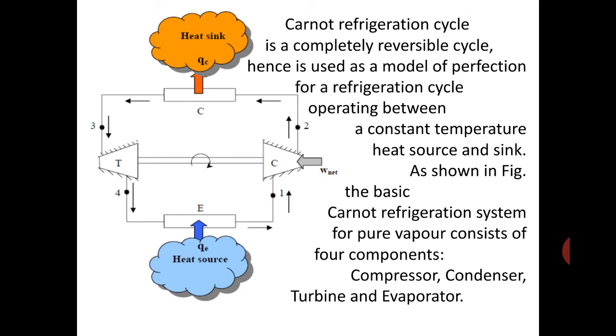As shown in the figure, the basic Carnot refrigeration system for pure vapor consists of four components: the compressor denoted by C between 1 and 2, then the condenser also denoted by C between 2 and 3, then the turbine between 3 and 4 denoted by T, and again the evaporator denoted as T between 4 and 1. So these are the four components for the Carnot refrigeration system.